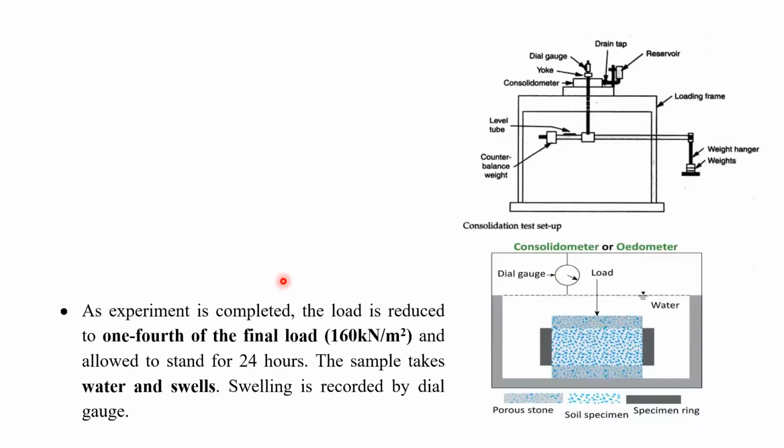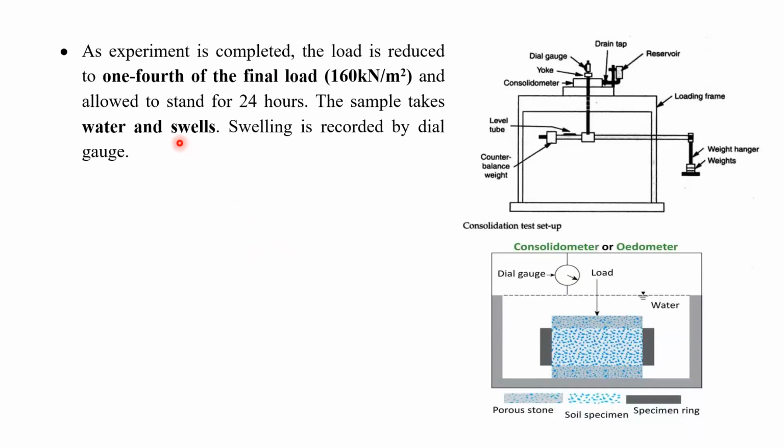Now we shall see here. Once your experiment is completed, what shall we do? We shall start removing the weight. In the beginning, we put the load in the form of pressure on this hanger, and this experiment continues for 1 week.